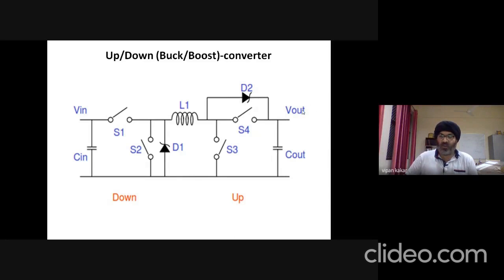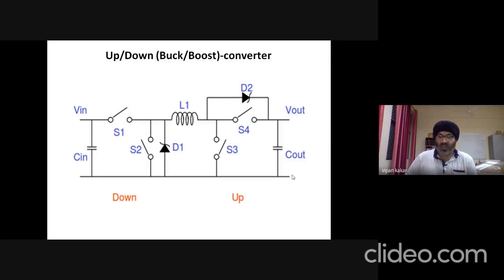So at this output, we can have a combination of buck and boost at the output. You can easily see, or I think remember, that this circuit was just a buck converter where we have a high switch and a low switch when we did our buck converter analysis.